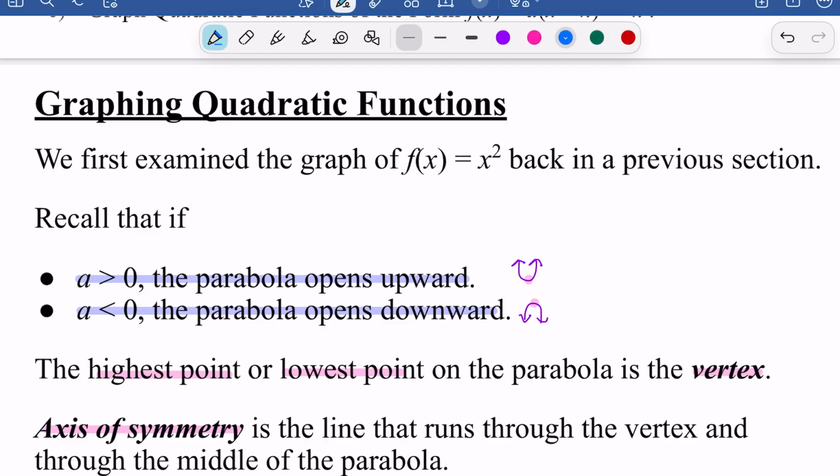So if I draw a big parabola that opens up, the vertex would be right there, and the axis of symmetry would be this line that goes through there. You can see it cuts that parabola in half.